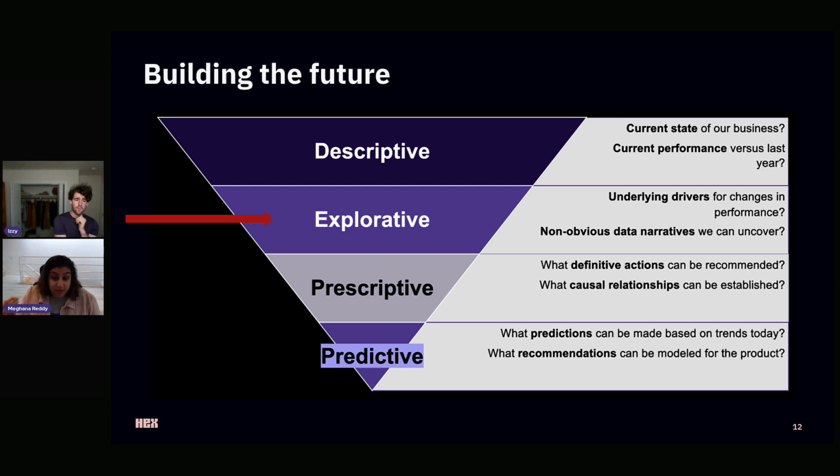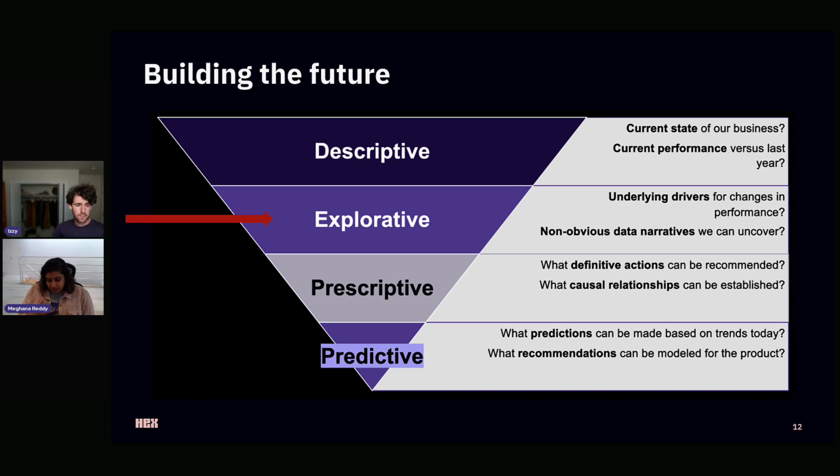Ultimately, we do want to get to these more nuanced questions around what the causal relationships are. Like, why is this happening, what do you do about it, and what's going to happen in the future? So I'm really excited about us moving into prescriptive and predictive worlds.